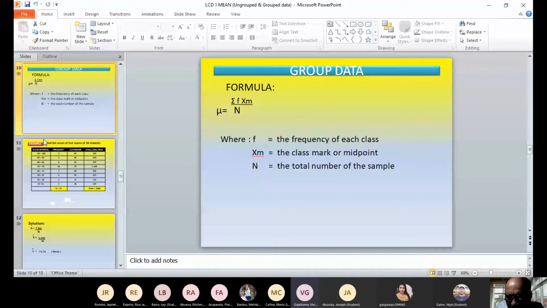Frequency. Okay. And then times, multiply that by the class mark or midpoint. That is x sub m. So, you should know how to compute the class mark or midpoint. Di ba? Sa exam natin na prelim.